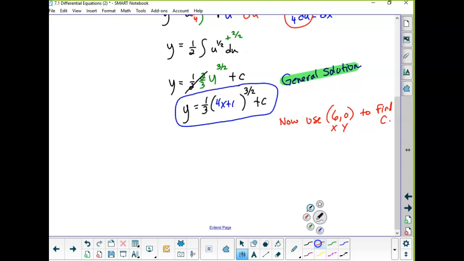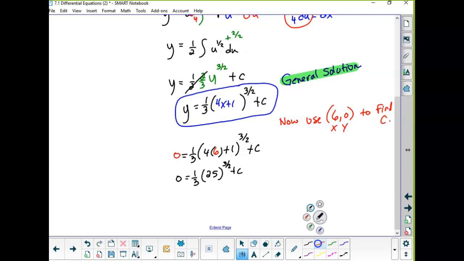Like I said, we've done this already, so we're not going to spend a ton of time. So we plug in 0 for y, 6 is x, and then do some quick simplifying. I know that 4 times 6 is 24 plus 1 is 25.